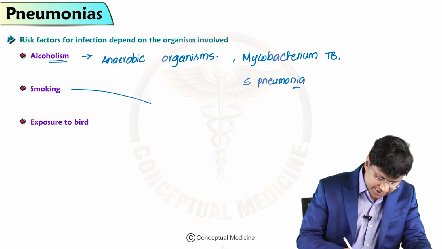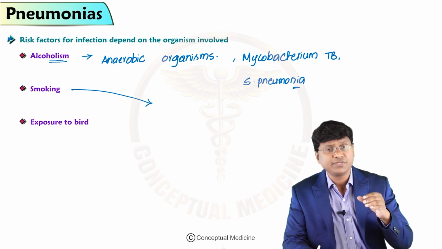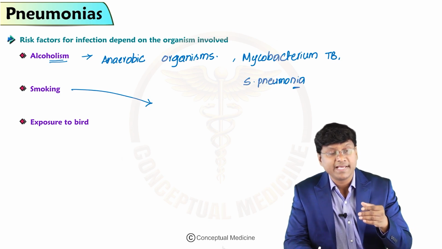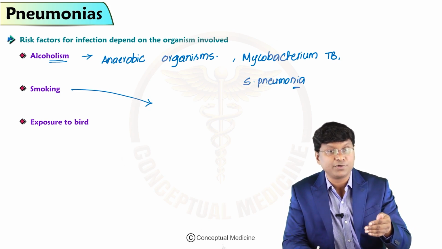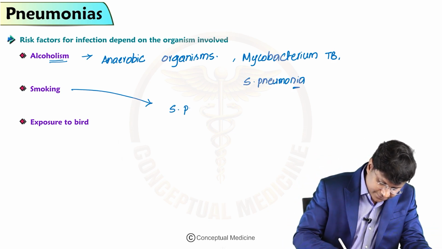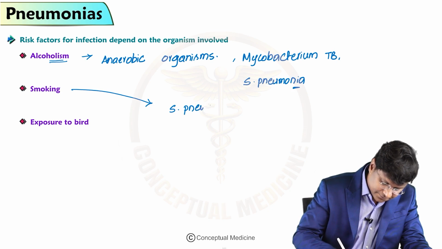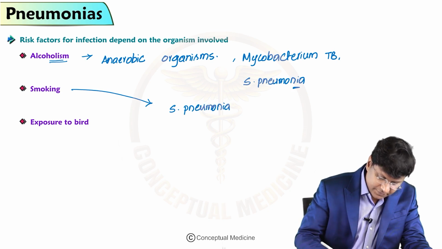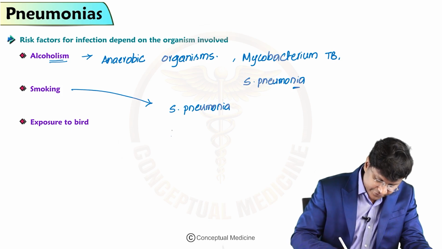Now take smokers. What are the organisms attributed for the development of pneumonia in an individual who smokes? Number one, Streptococcus pneumoniae. Number two, Haemophilus influenzae.